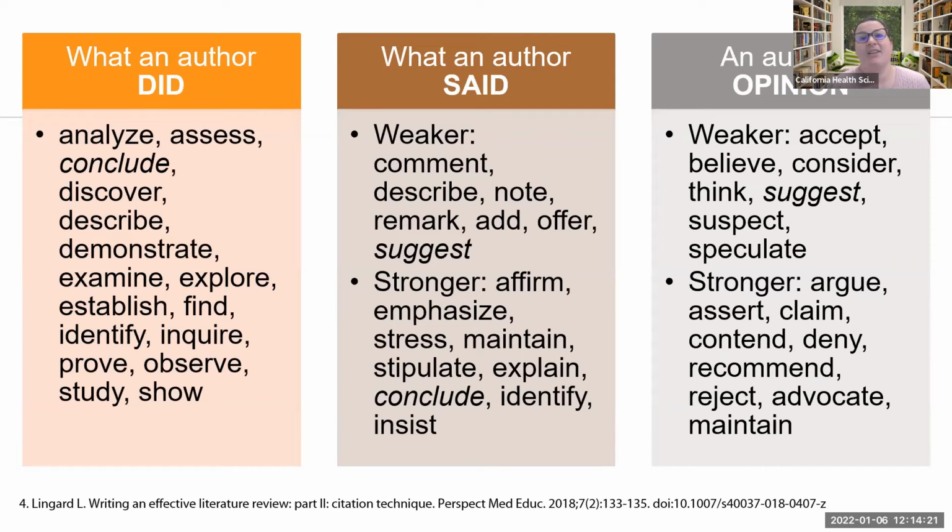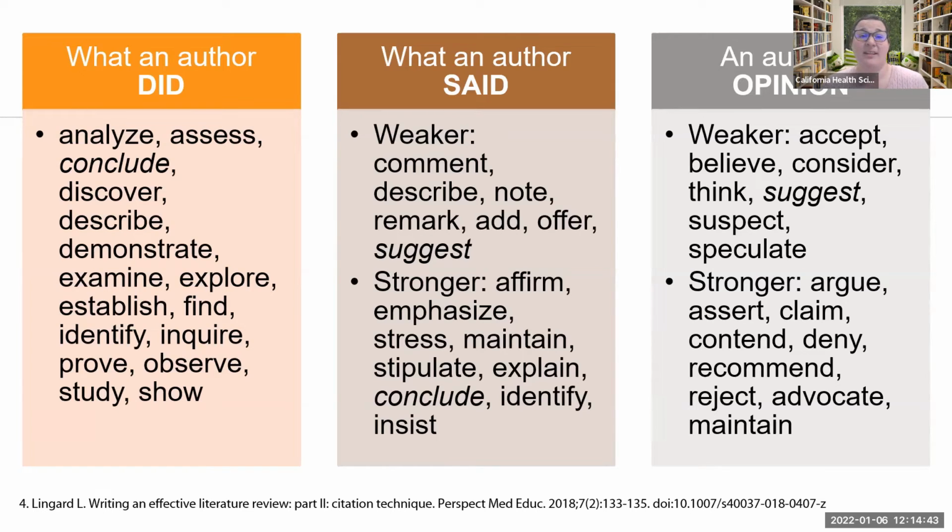So the last thing here that Lingard also provides are some verbs that can clarify what an author did, said, or their opinion. And for the said and opinion, she differentiates between weaker and stronger. So what an author did, they analyzed it, they assessed, they concluded or demonstrated.